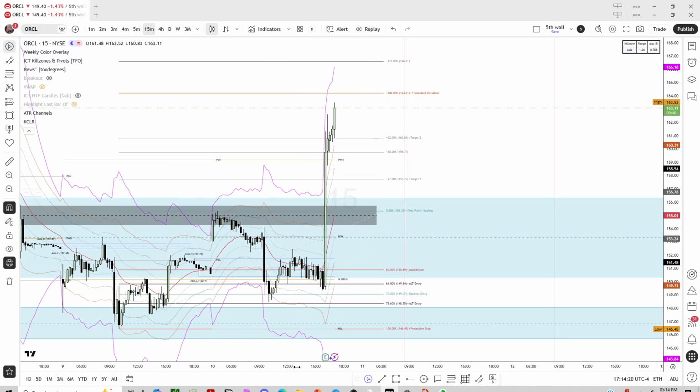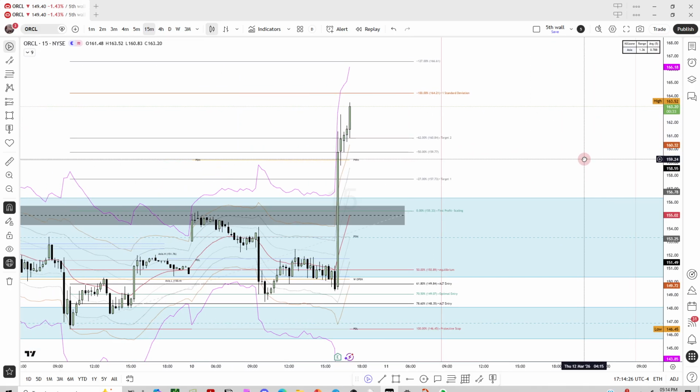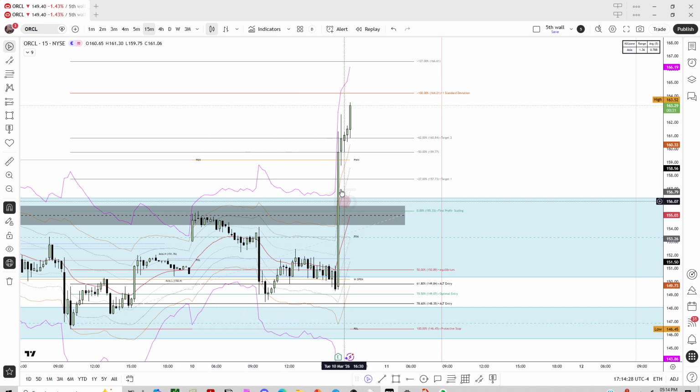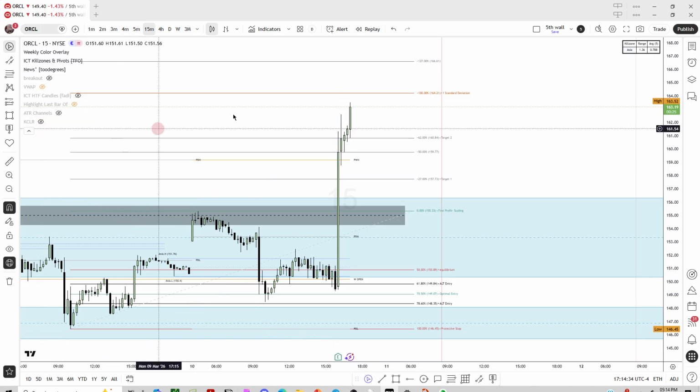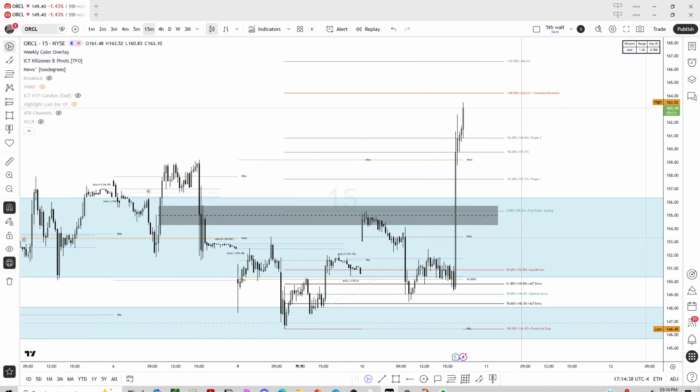It's still moving. But yeah, it works. It's good money. But that was a good trade, and it was a good trade.